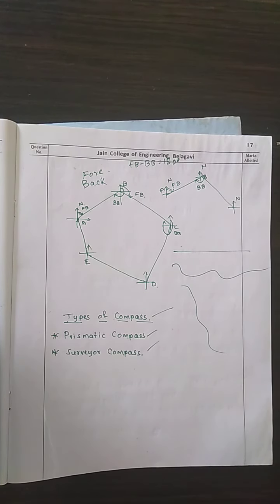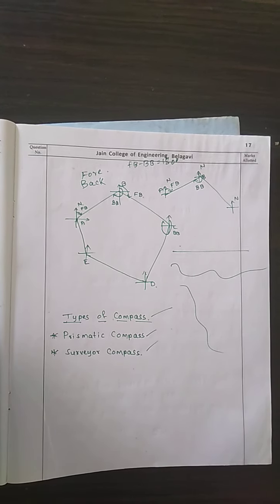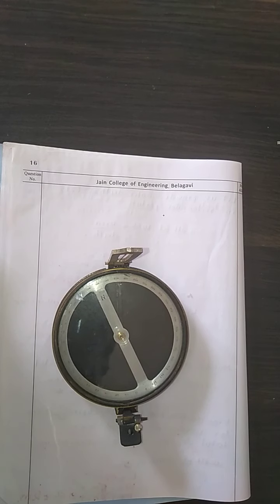Now let us discuss the prismatic compass and the surveyor's compass. This particular instrument, we call it the prismatic compass. This prismatic compass is going to give you angles between 0 to 360 degrees, right?